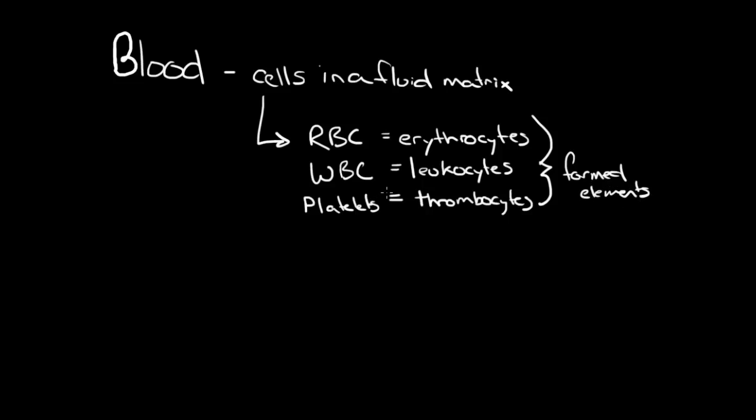Now, just to be clear, the white blood cells are the only formed elements that are actually complete whole cells with all of the regular stuff that we will describe in a couple of weeks as being part of a cell. They have a nucleus, a cell membrane, and all of the regular organelles that we would associate with cells, like the Golgi apparatus and mitochondria.